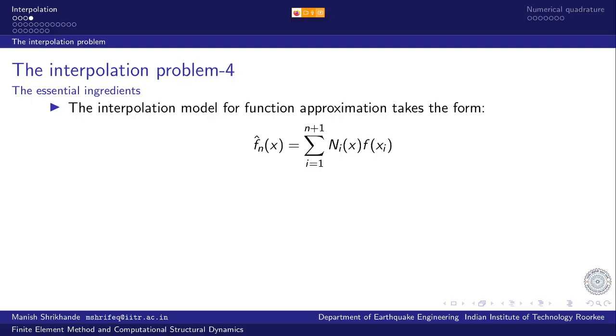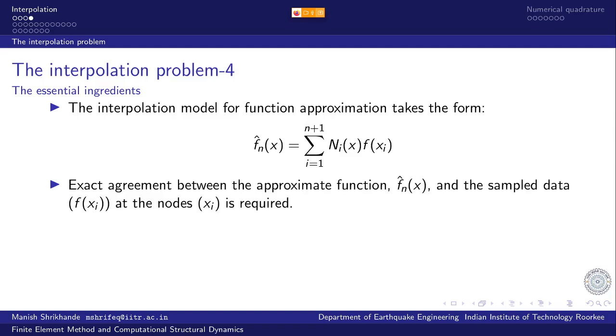Because the data is specified at n plus 1 number of points. So an nth degree polynomial can be uniquely defined, which can pass through or exactly satisfy the requirement of exact match at n plus 1 number of points. So that is how nth degree polynomial comes into being. So exact agreement between the approximate function f n hat of x and the sample data f of xi at the nodes xi is required.